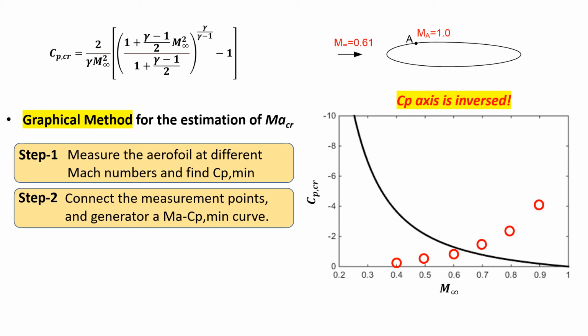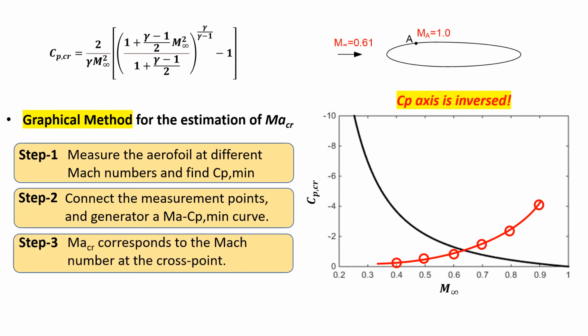Then we move to step 2. We connect the measurement points and generate a Mach number versus CP minimum curve. Now maybe you already know what happens. How do we get the critical Mach number? Step 3: the critical Mach number corresponds to the Mach number at the cross point. So the cross point determines the critical Mach number. You can see this is purely a graphical method.